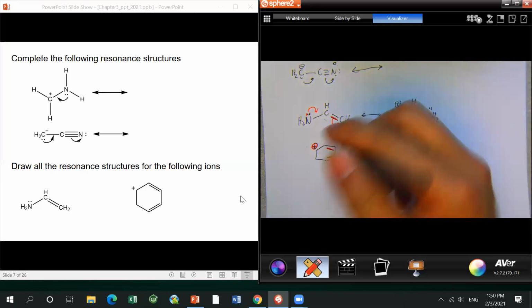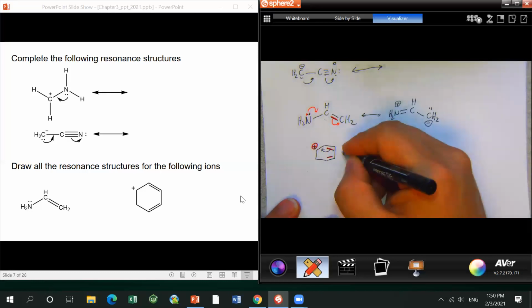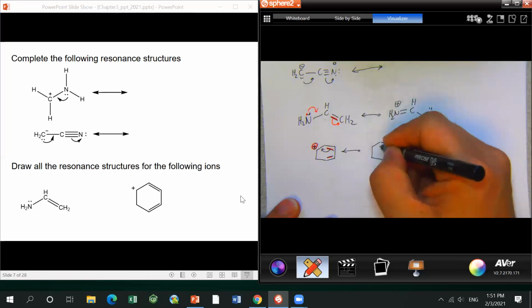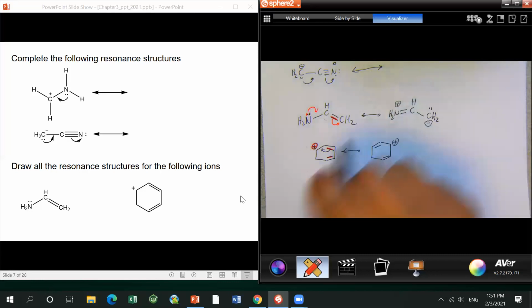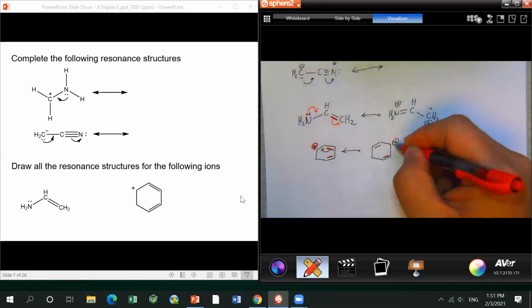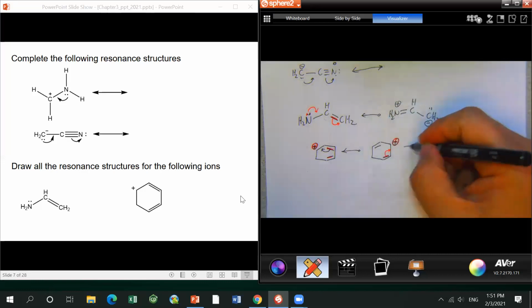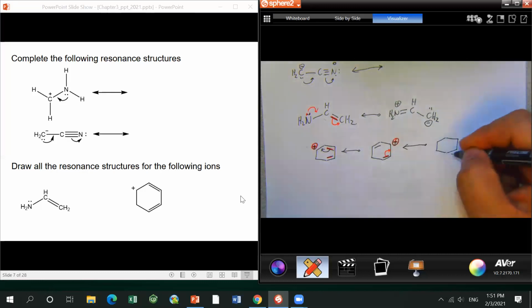The first pi bond is next to the empty p orbital, so you can shift this way and build up a new pi bond, and the empty p orbital becomes here. Now this pi bond will be next to the empty p orbital, so you can shift like this. So for this structure you can draw more than one resonance structure.